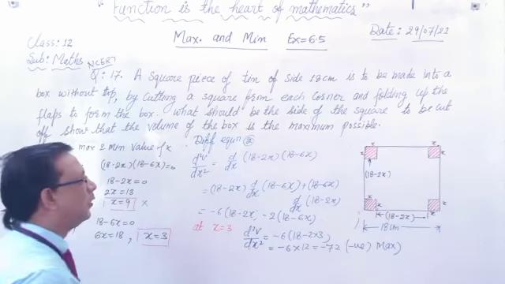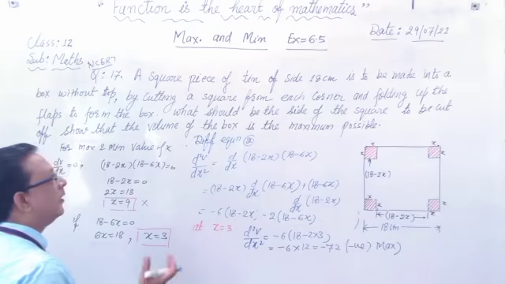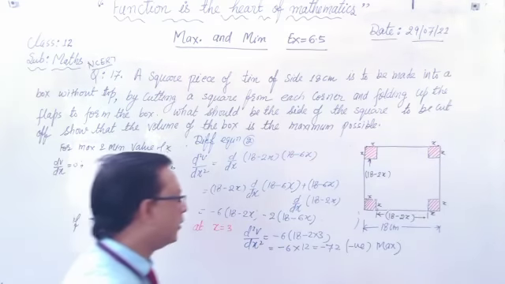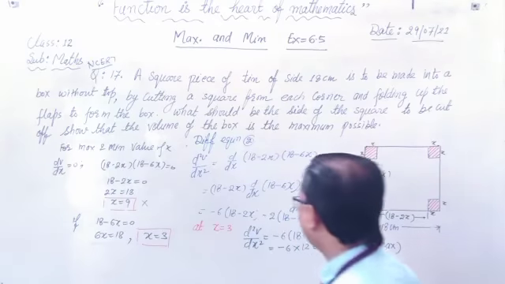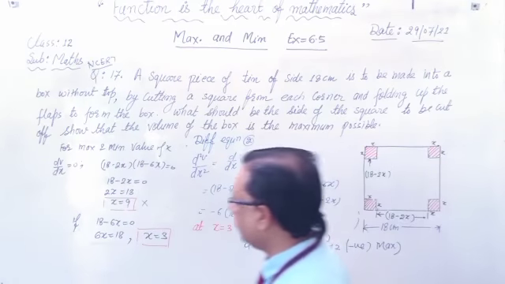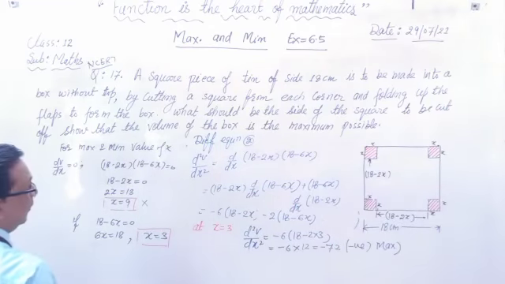So what is the length of the side of the square? The length of the side of the square is 3 unit or 3 centimeter.